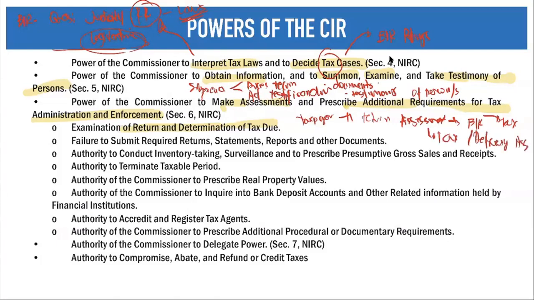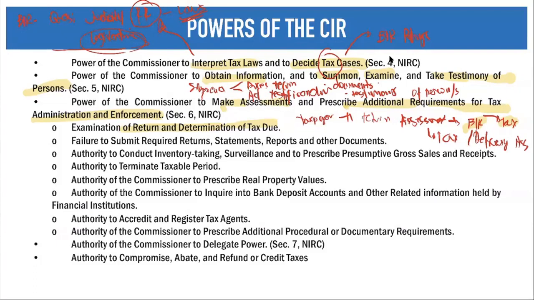What happens here is there is a notice and demand by the CIR or his duly authorized representative against the taxpayer to pay a certain amount. We call that notice a preliminary assessment notice. So generally, take note, it is the BIR who assesses the taxpayer. What do we call the particular assessment?